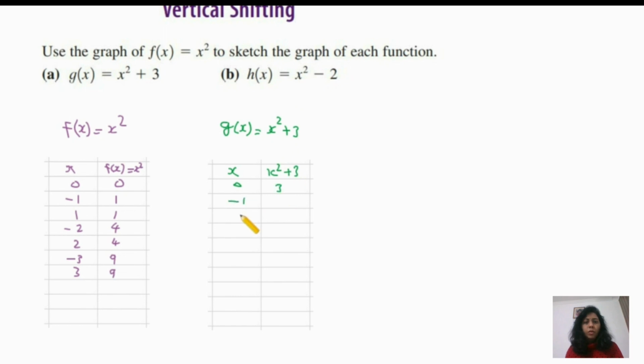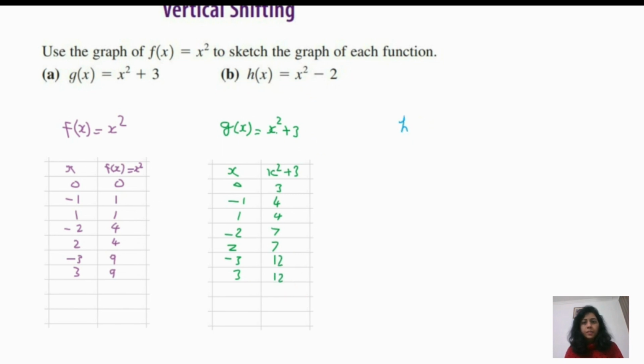When we put minus 1 or 1, this x² is 1, 1 plus 3, 4. Or we can say 0 plus 3, 3, 1 plus 3, 4, like this. And for minus 2 and 2, 4, 4 plus 3, 7. For minus 3 and 3, 9, 9 plus 3, 12.